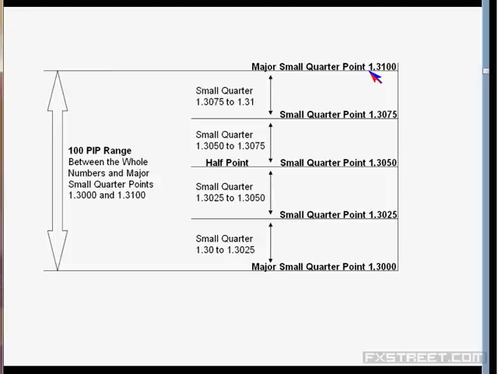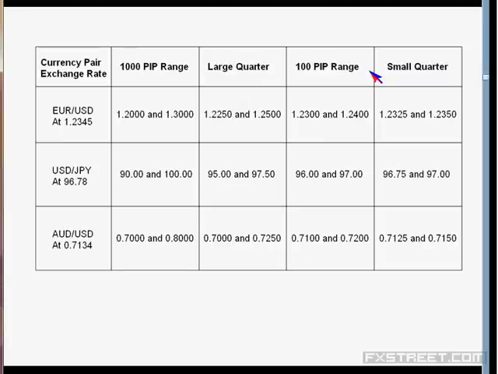With even further precision, we can zoom in, so to say, and find the exact 100 pip range, and then zoom in even further and find the smallest quarter of 25 pips that the exchange rate is trading within at any given time of our analysis. The following is an example of a price analysis that we can quickly utilize by what I have shown you already.